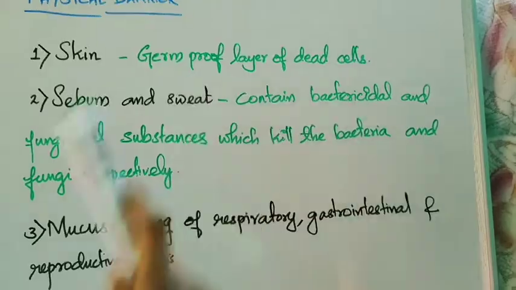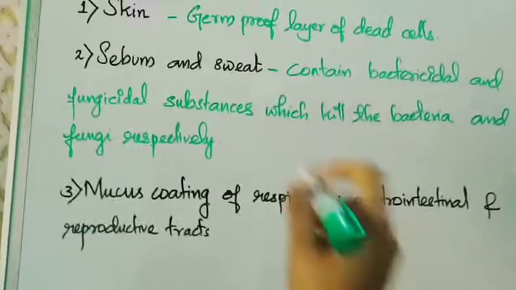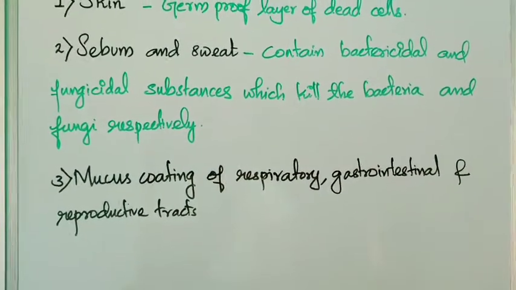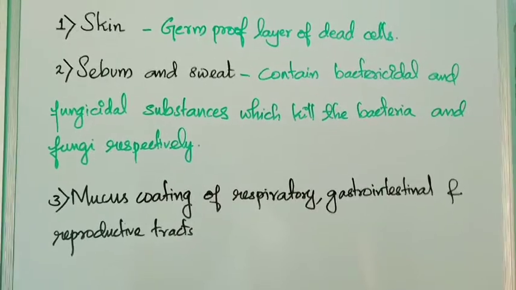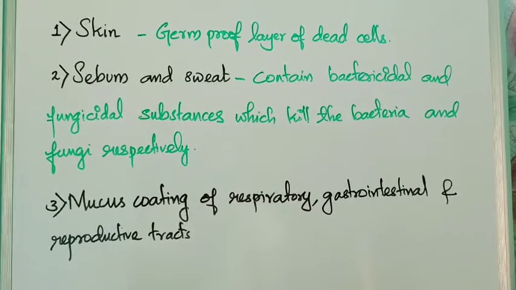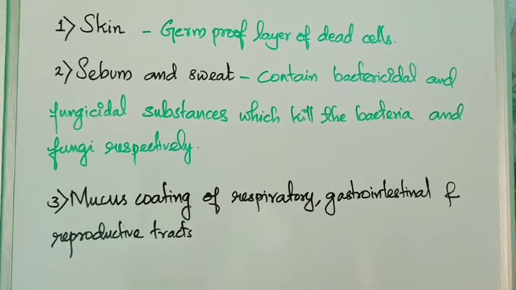Next is sebum and sweat. Sweat is produced by the sudoriferous gland or the sweat gland, and sebum is produced by the oil gland or the sebaceous gland of our body.